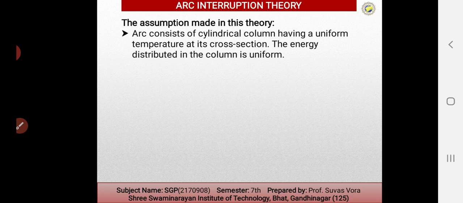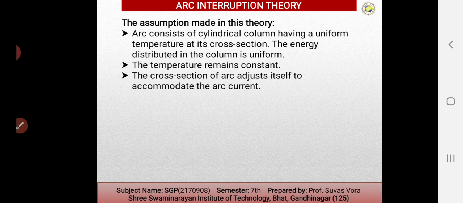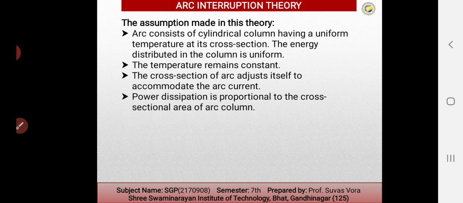The assumptions made in this theory are that the arc consists of cylindrical columns having uniform temperature, the temperature remains constant, the cross section of the arc adjusts itself to accommodate the arc current, and the power dissipation is proportional to the cross-sectional area of the arc column.